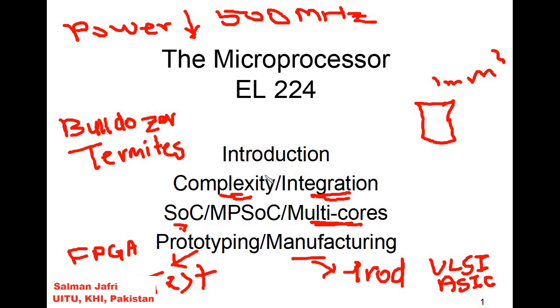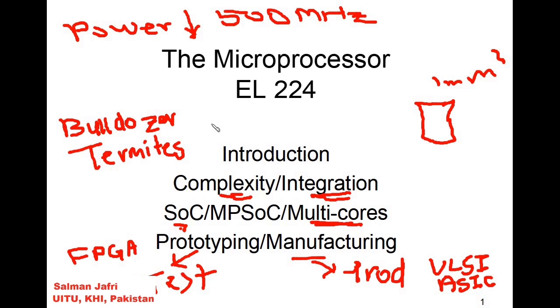And some MPSoCs or multi-core processors might have a combination of bulldozers and termites. If you are doing lots of number crunching, using 3D graphics, or engineering CAD drawings, then of course the bulldozer cores might be operational to carry out that work.